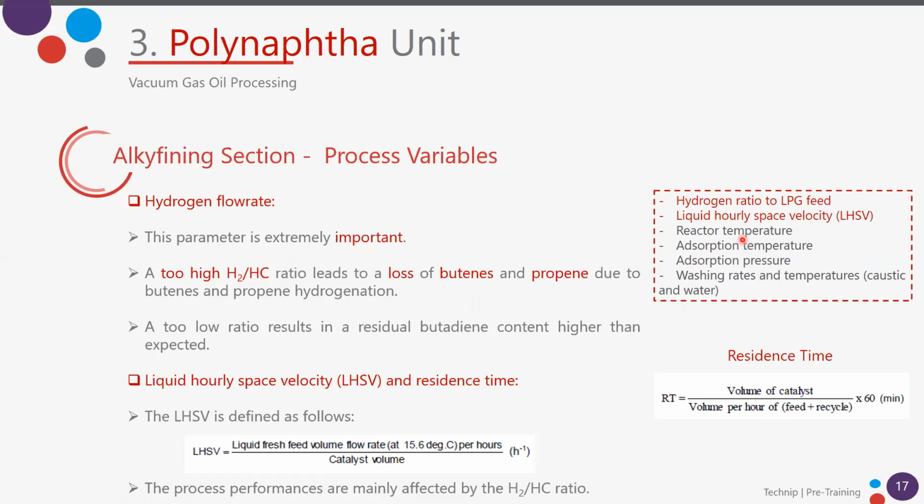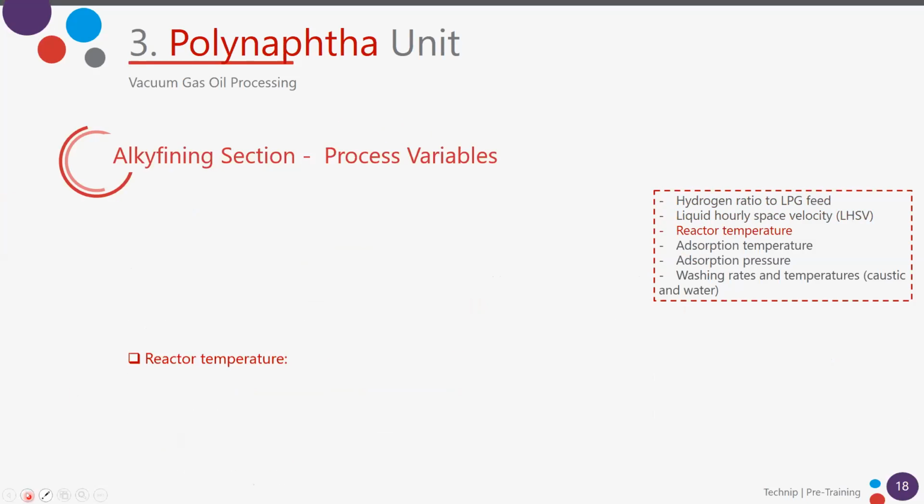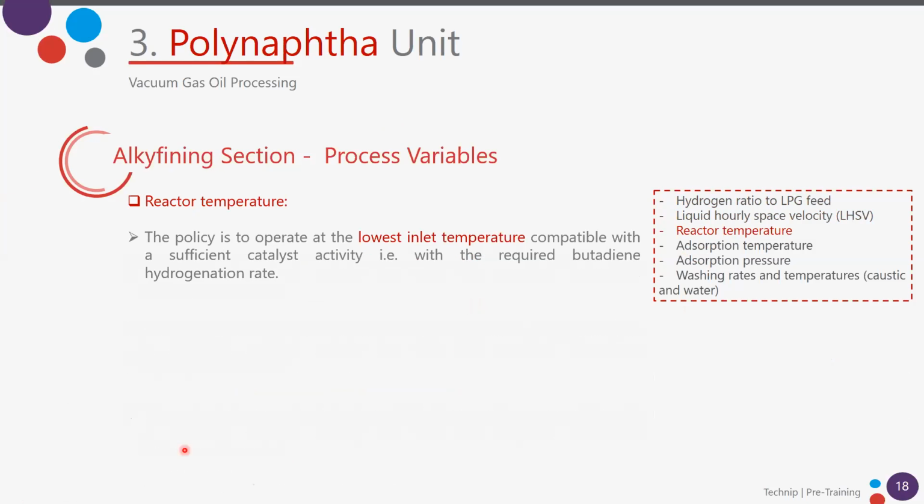So now we will talk a little bit about the reactor temperature. The policy, according to the licensor and the operating manual, is to operate at the lowest inlet temperature compatible with a sufficient catalyst activity. That means with the required butadiene hydrogenation rate.